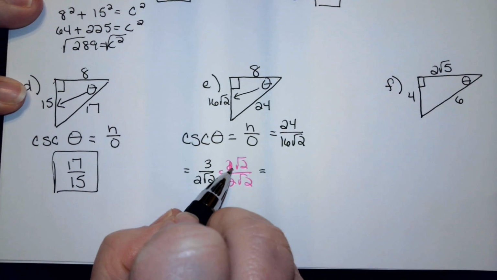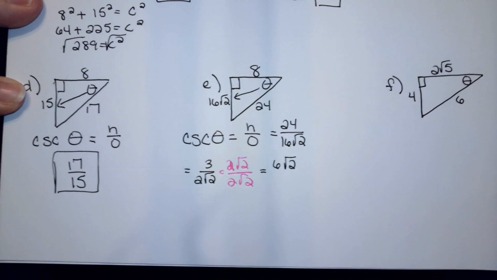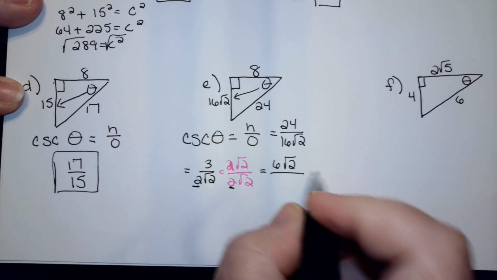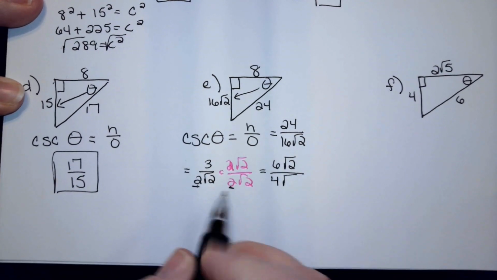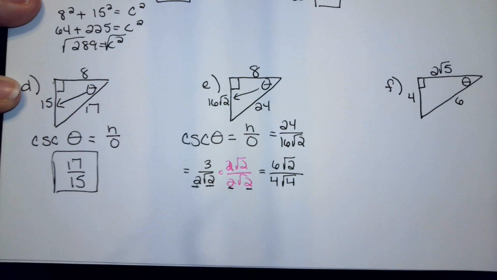All right, whole number times whole number. So 3 times 2 gives us 6 times the square root of 2. 2 times 2 gives me 4. This 2 times this 2 gives me 4 as well.